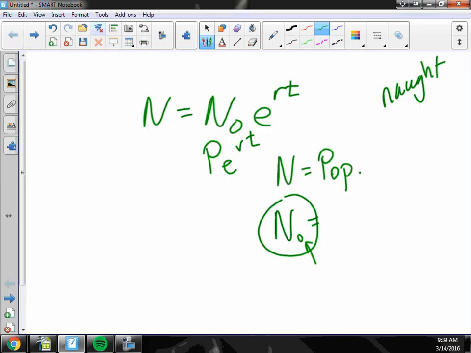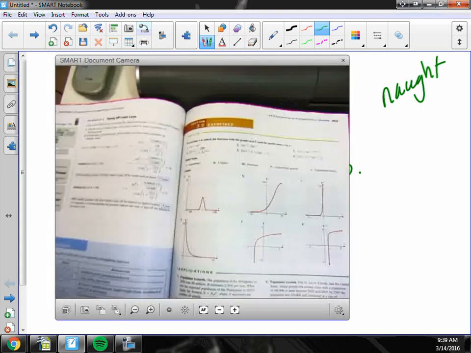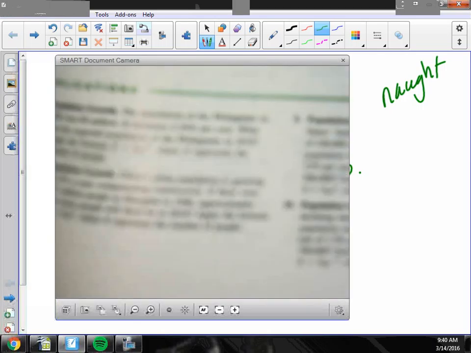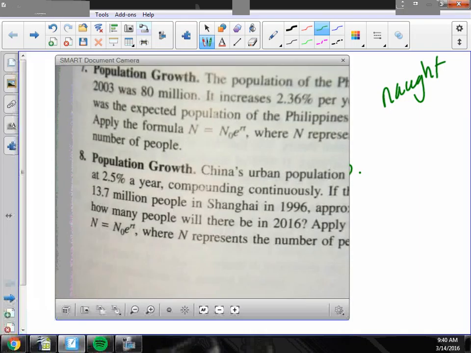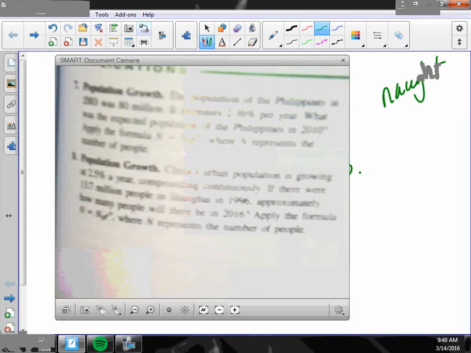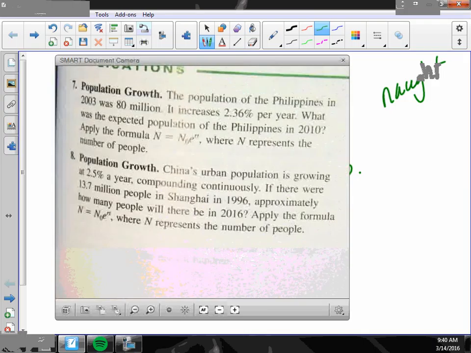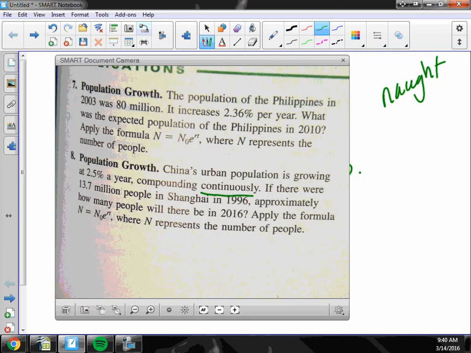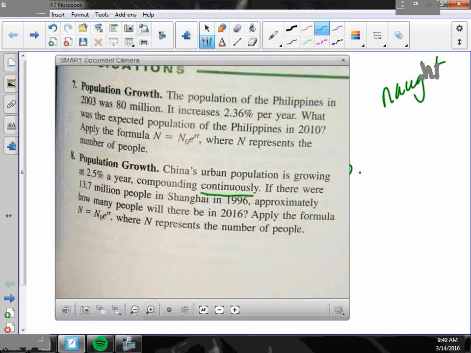Okay, so I'm going to do number 8. China's urban population is growing at 2.5% a year, compounded continuously. That tells us we're going to use the PERT equation. If there were 13.7 million people in Shanghai in 1996, approximately how many people will there be in 2016?